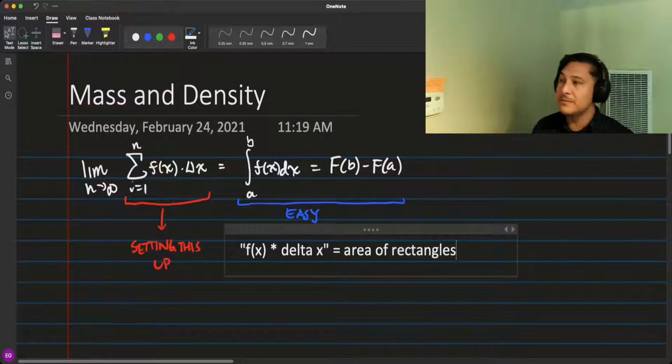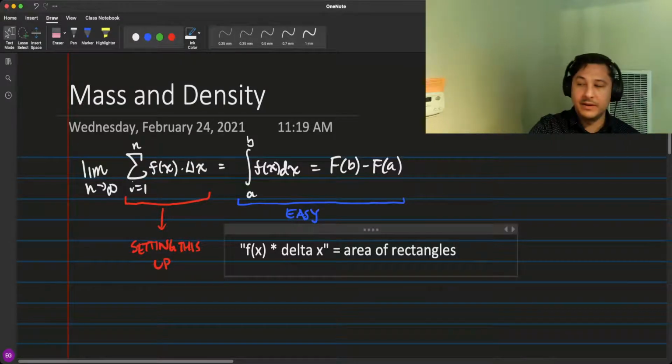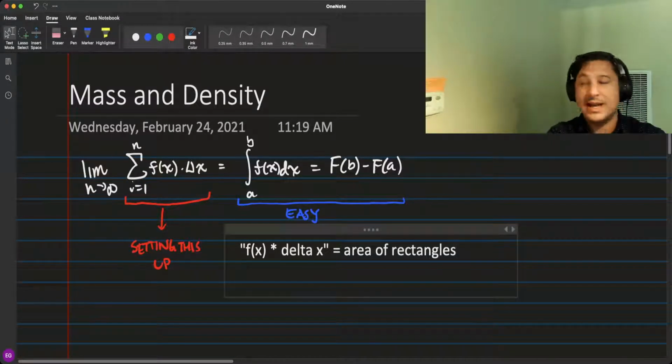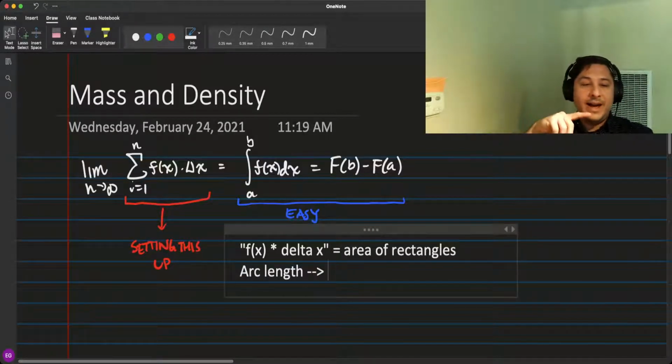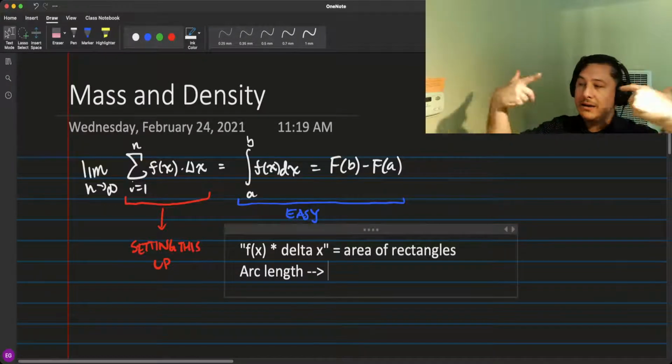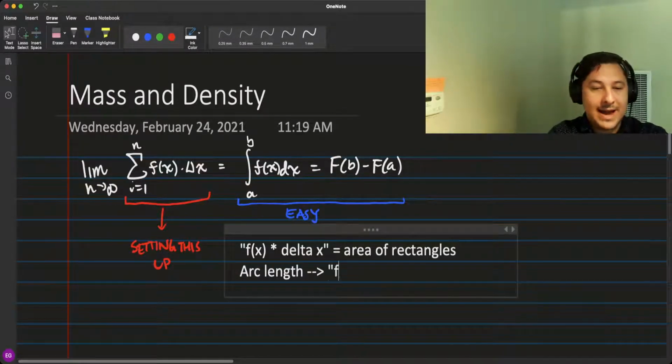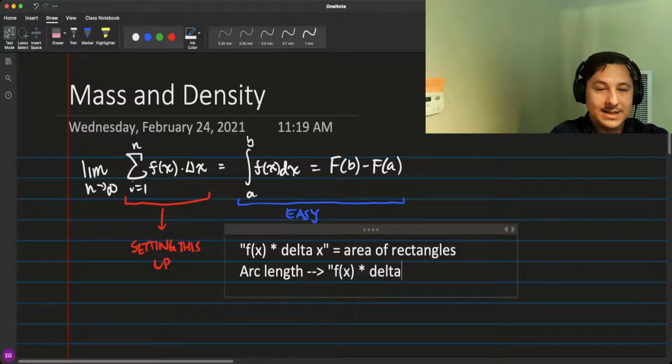And then we got more complicated with all of this. We used the same idea to calculate things like arc length. So remember, instead of f of x times delta x being the area of rectangles, in that case, f of x times delta x was what?